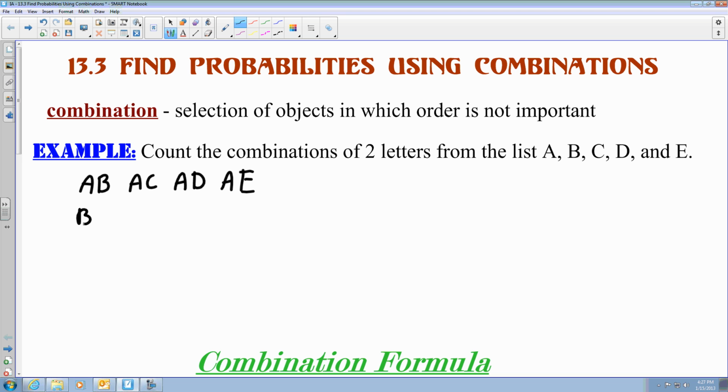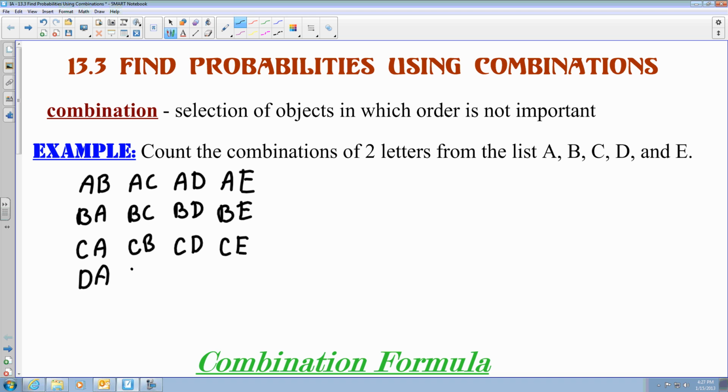Now we can go B, A, B, C, B, D, and B, E. We can go C, A, C, B, C, D, and C, E. We can go D, A, D, B, D, C, and D, E. And then we can go E, A, E, B, E, C, and E, D. So that gives me 1, 2, 3, 4, 1, 2, 3, 4, 5.